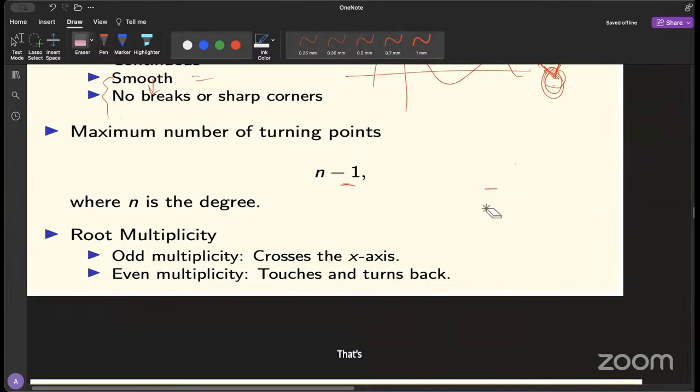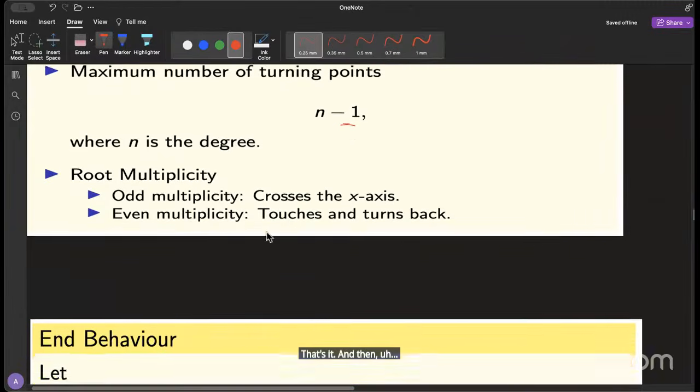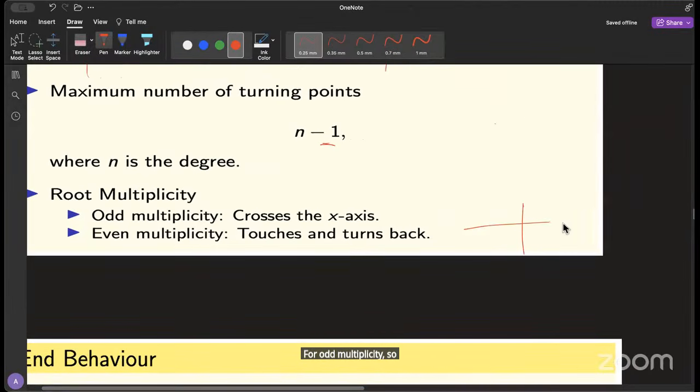That's it. And then for odd multiplicity, if you have odd multiplicity, your graph crosses the x-axis like this at that point. So let's say minus 2 is a root of a polynomial, that means x plus 2 is a factor of the polynomial.